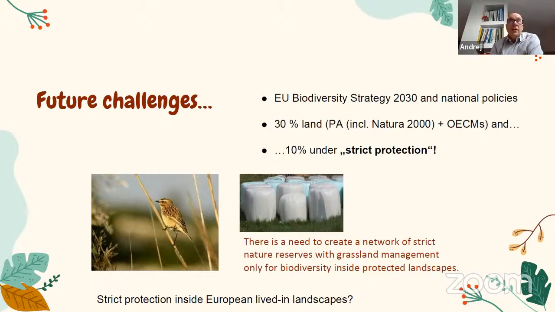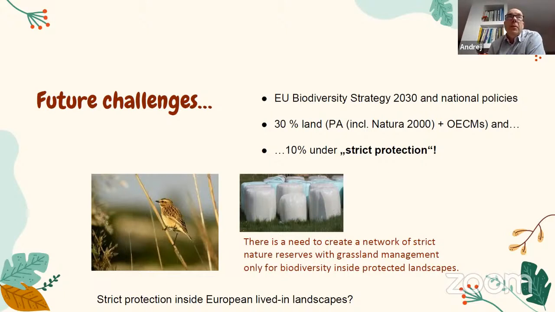So this is a challenge. The debate is still going on in the European Commission, and I would like to invite you all, because you're experts on biodiversity, to support or to take part in these kinds of discussions, so that we can actually change and influence our thinking on strictly protected areas or strict protection in the secondary habitats.